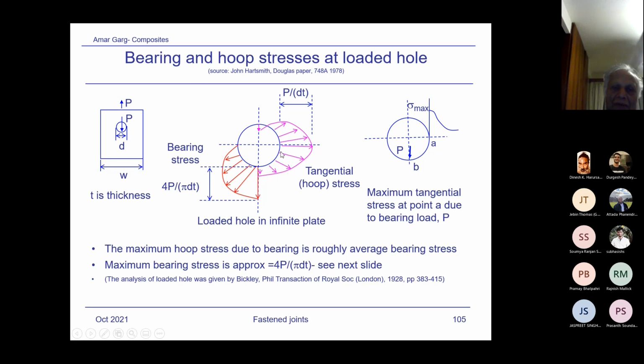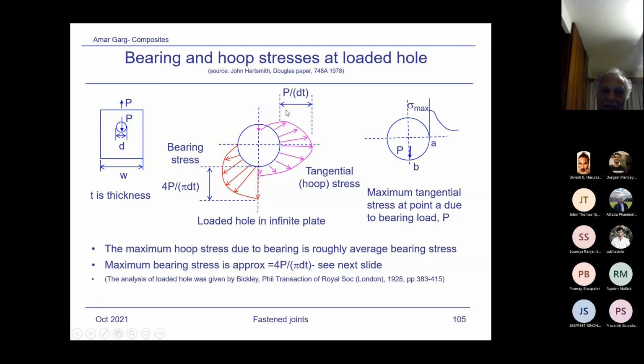So here the stress distribution, the tangential hoop stress distribution, the maximum stress will occur at this point, and then it will decrease. The distribution, what has been found by the analysis done by Bickley almost 100 years back, published.